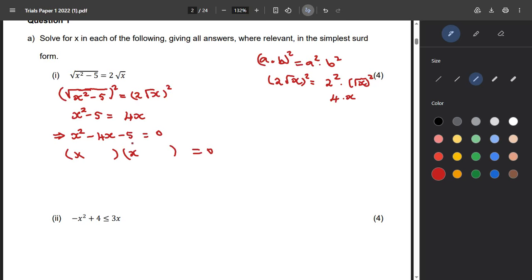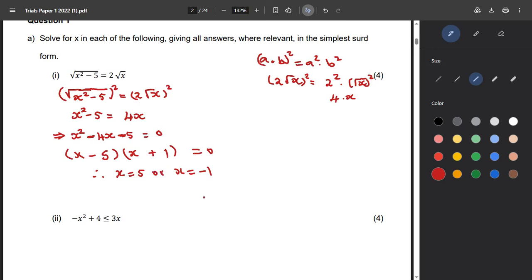We are looking for the factors of 5 that when you add or subtract them give you the middle term of 4. Those factors are 5 and 1. Since the 5 is negative, one bracket should be negative and the other positive. We take the negative, which is for the middle number, and give it to the bigger number. Therefore, when you solve, x is 5 or x is minus 1.